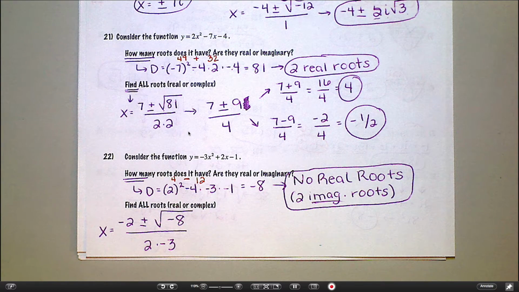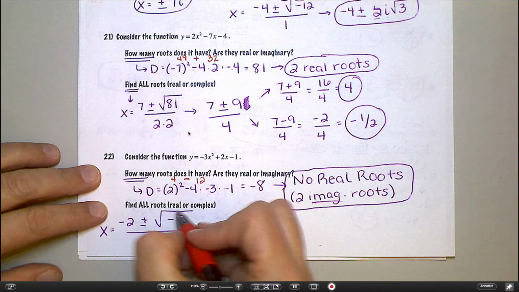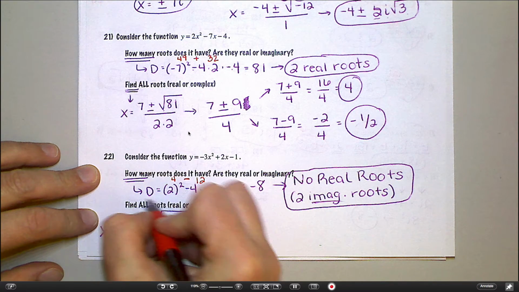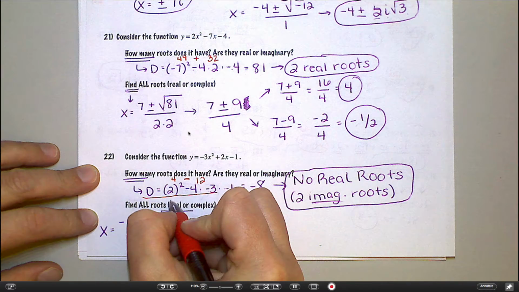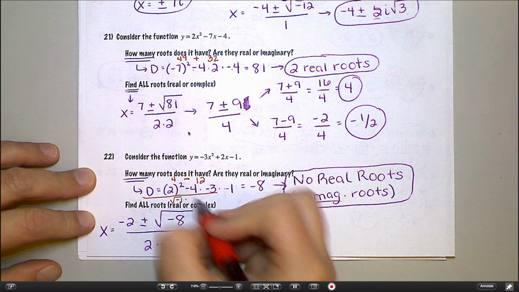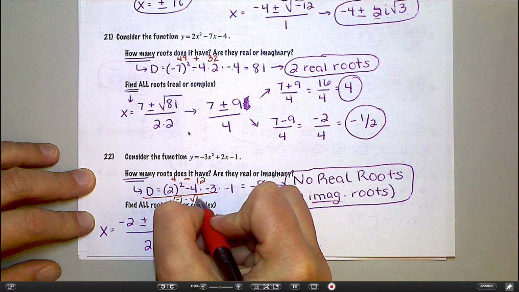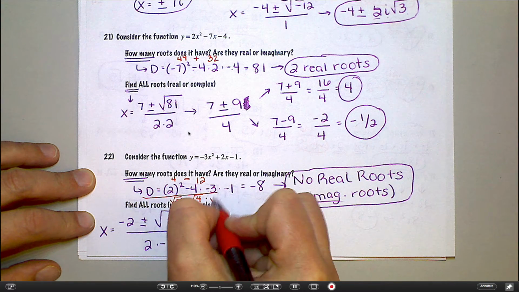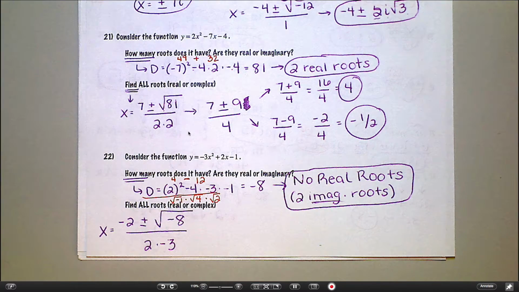I need to break down that negative 8 using perfect squares. So I'm going to write it up here. It's the square root of negative 1, and then I'm looking for perfect squares that go into 8. So I'm going to go with 4 and 2.